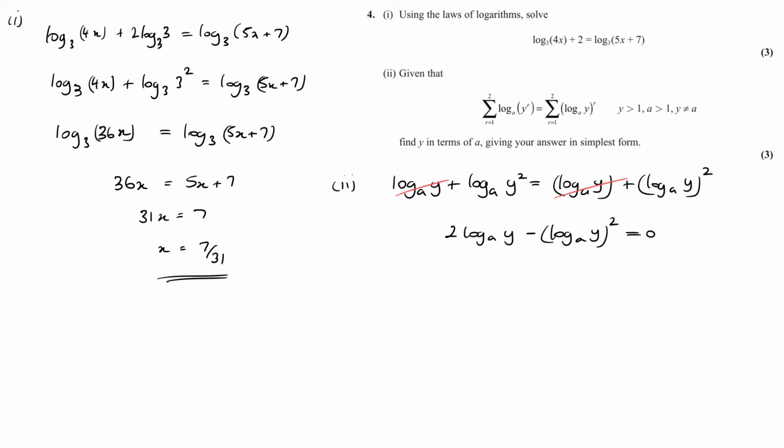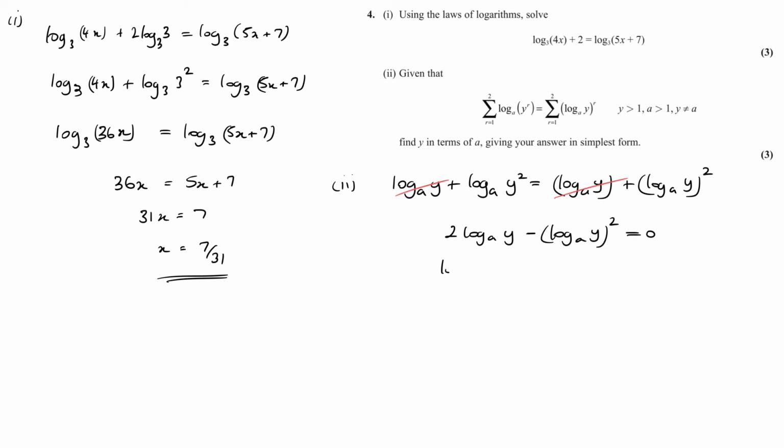Now, basically what we've got here is like 2x minus x squared, if you will. Yeah, so I could factorize out the x, and that would be 2 and x, and that x is just that log y to the base a. Okay, so that's how you're thinking of it.